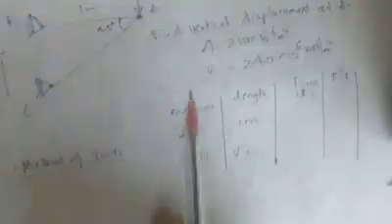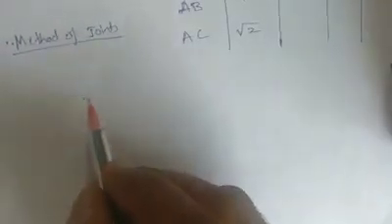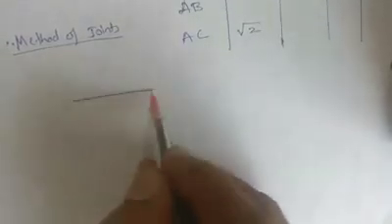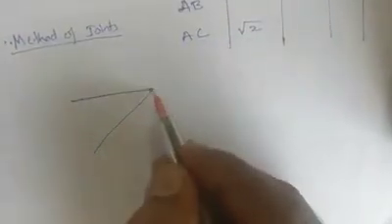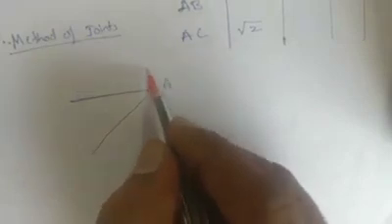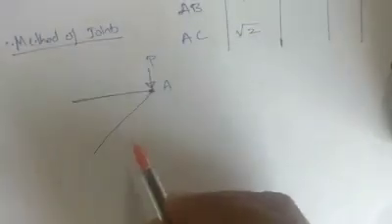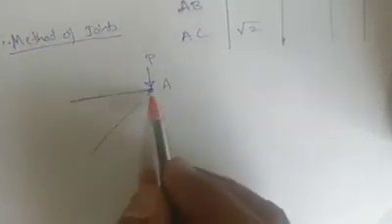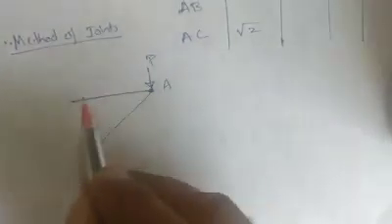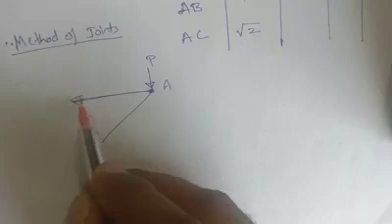So we will take each joint. Here only one joint is there, joint A. So we will take the joint and draw the free body diagram. At A, force P is downwards. In method of joints, what we assume is, for all the members we assume the force is moving away from the joint.